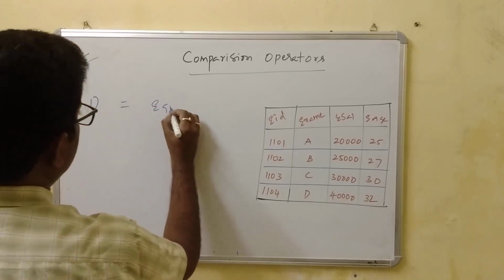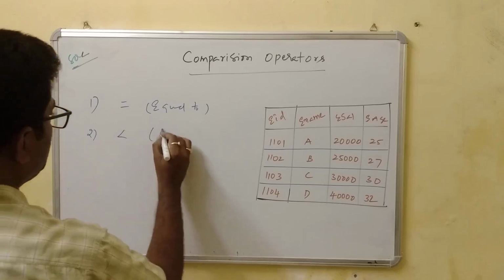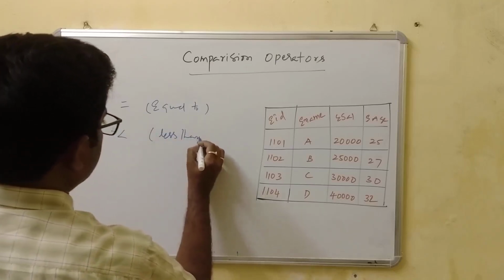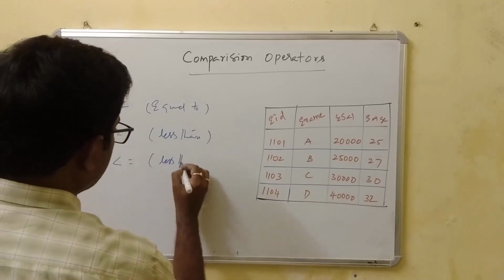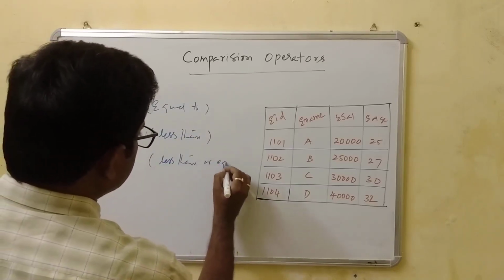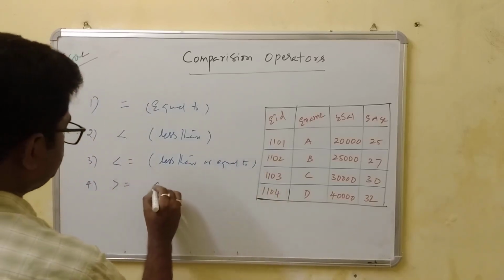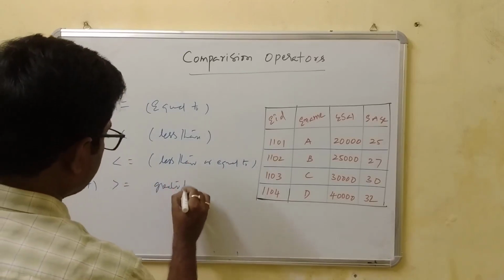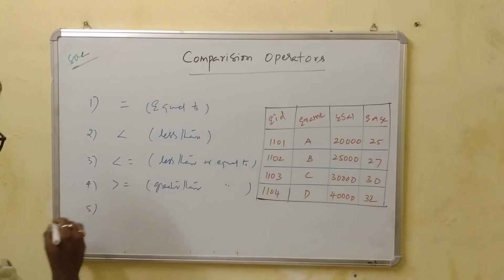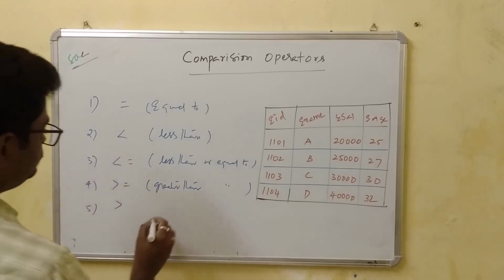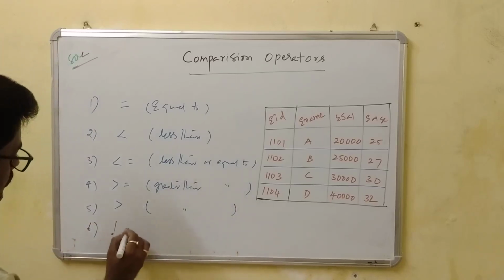Equal to operator, and let us take the less than operator, and less than or equal to, greater than or equal to, and we can also take greater than, only greater than, and we can also take the not equal to operator.